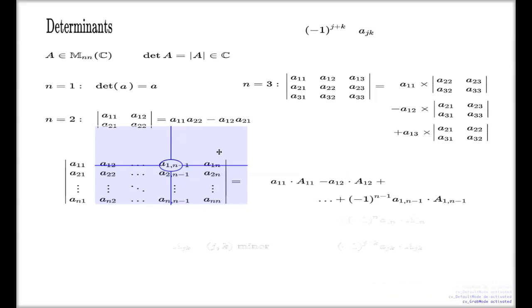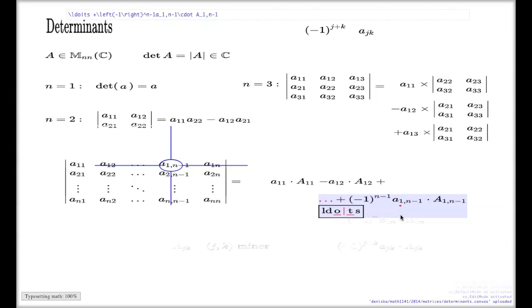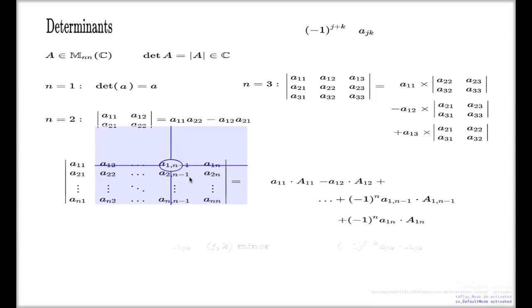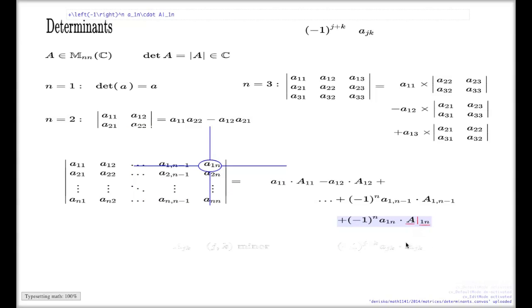The one before the last one, you see, even here, when I put my sign alternation, I use this pattern. Because the sum of the indices here, no, I didn't use this pattern, because 1 plus n minus 1 is n, actually it's a typo. And the last one in your expansion or decomposition will be like so. And again, we have a typo here, because the sum of the indices here is 1 plus n, or n plus 1.